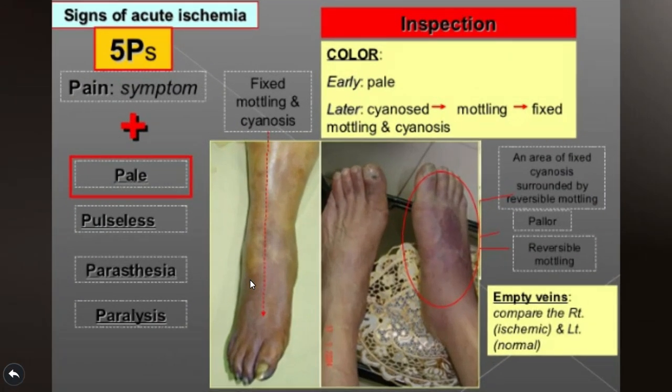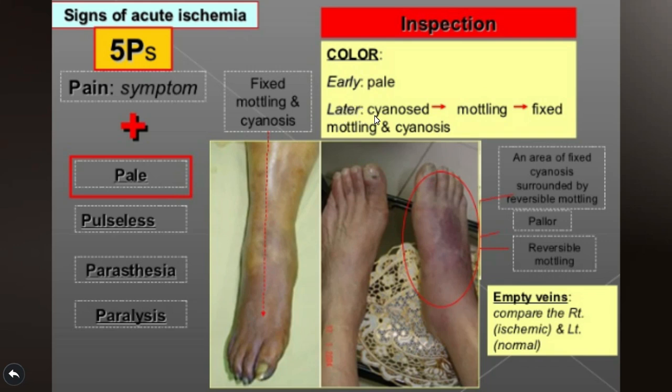Since this is one of the signs of acute ischemia, you see in here, initially the foot can be pale, so it's part of a symptom in a patient with acute ischemia. But that's the early part of acute ischemia.